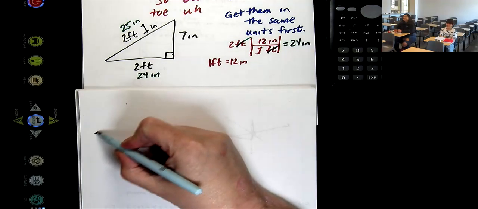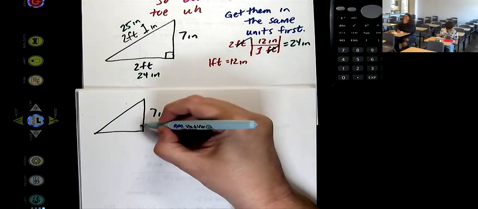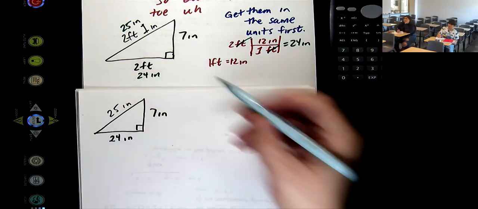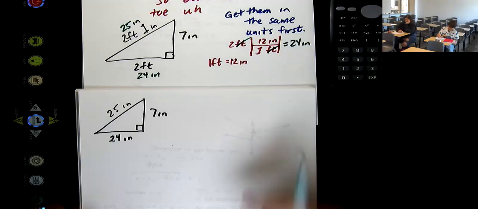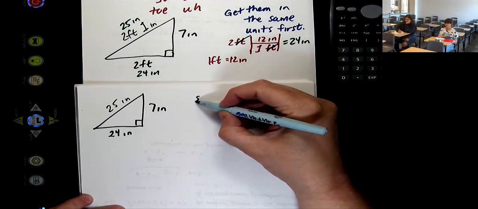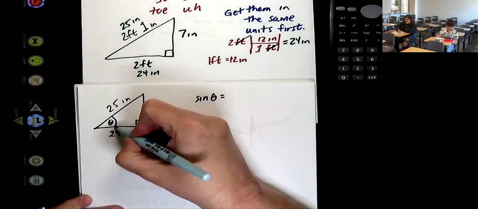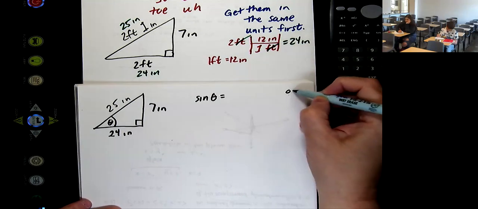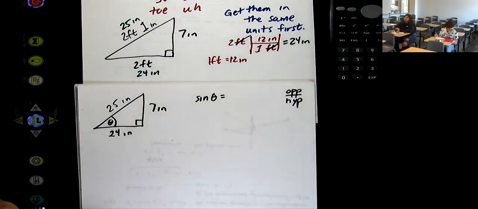All right, let's redraw that triangle with the units we have. We've got 7 inches, we've got 24 inches, and we've got 25 inches over here. So if I want to do sine, sine of theta, going from that angle right there, is opposite over hypotenuse, SOHCAHTOA. Let's write that down again here where we can see it.